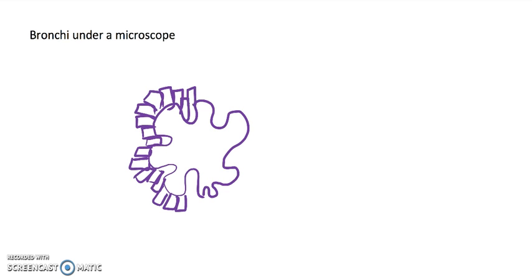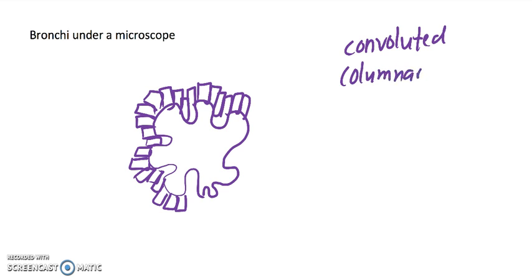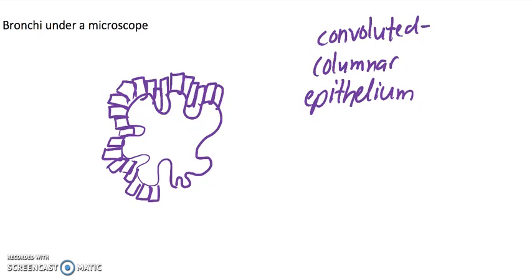This cell type here, we call this convoluted columnar epithelium. Convoluted because the inside is squiggly shaped, convoluted. Columnar because notice it's these rectangles put together.